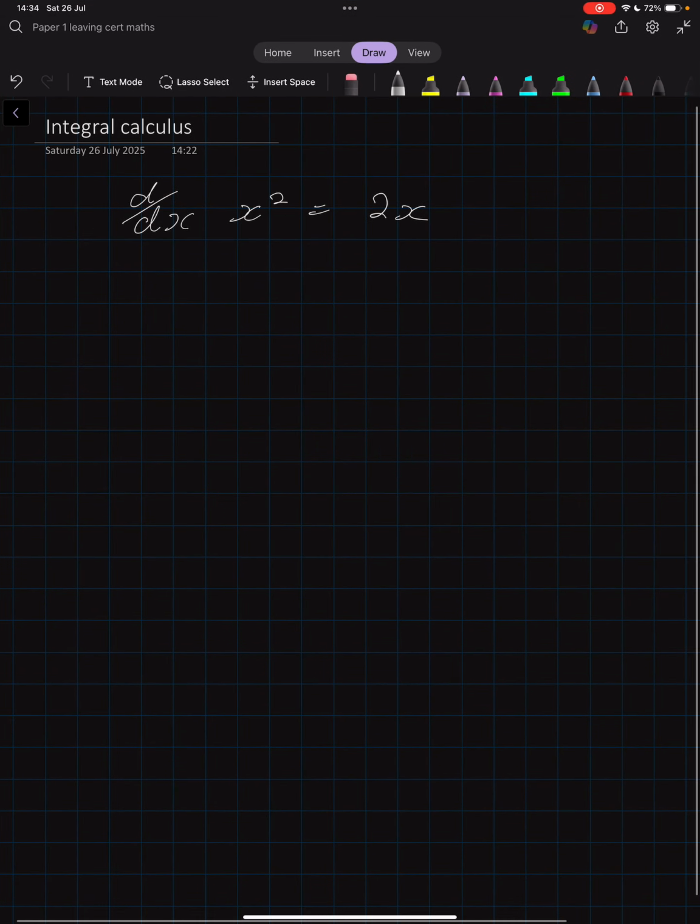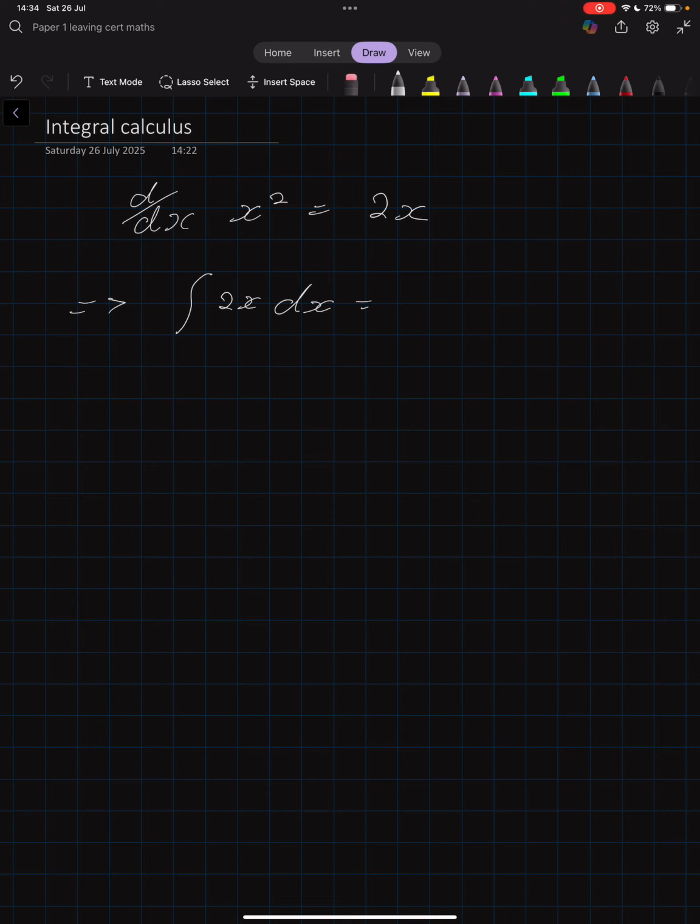This is the same as saying that the integral of 2x dx is equal to x squared. If some of you have done integration before, there should be a plus c. I'm just leaving it out for the time being.